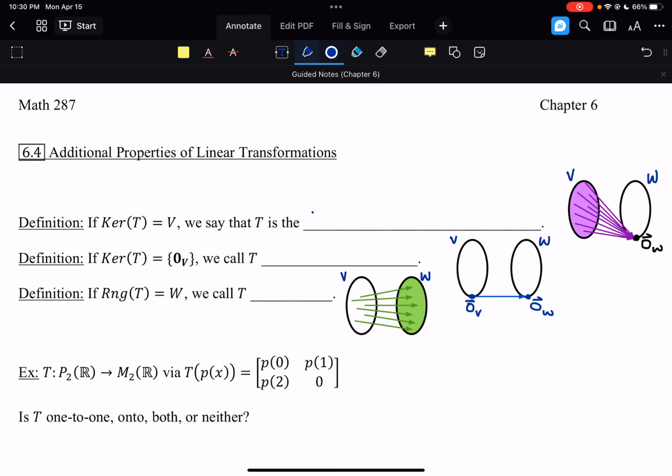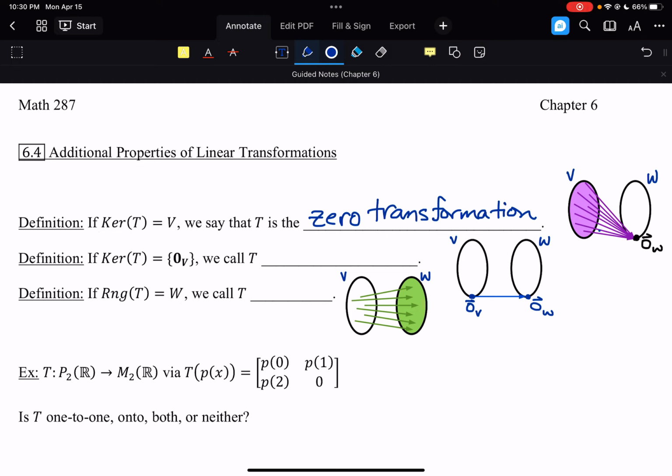That means T is what we call the zero transformation. And that can be visualized right here. So again, if everything in V all transforms to only 0 in W, so that means the kernel is all of V, that is called the zero transformation.